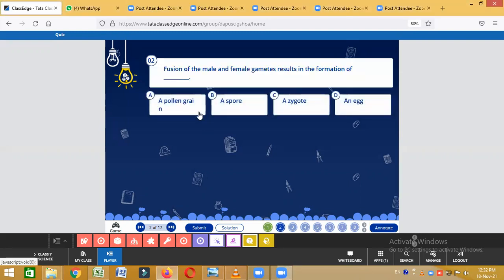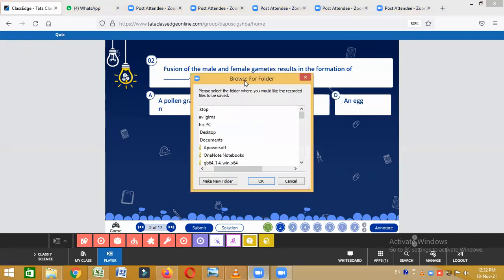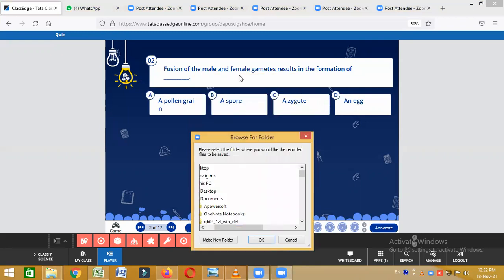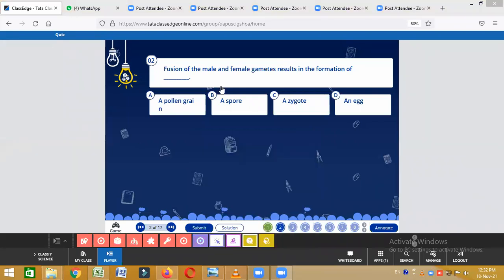You will raise the hand. Fusion of male and female gametes results in the formation of: options are a pollen grain, a spore, a zygote, and an egg.